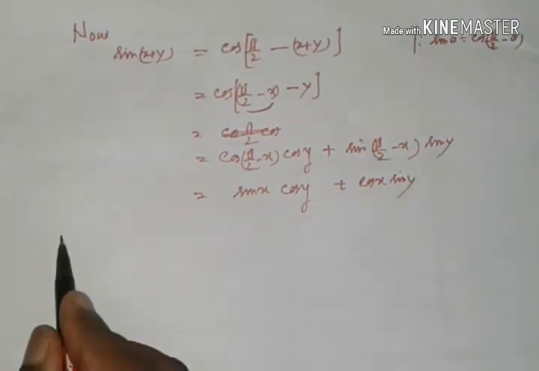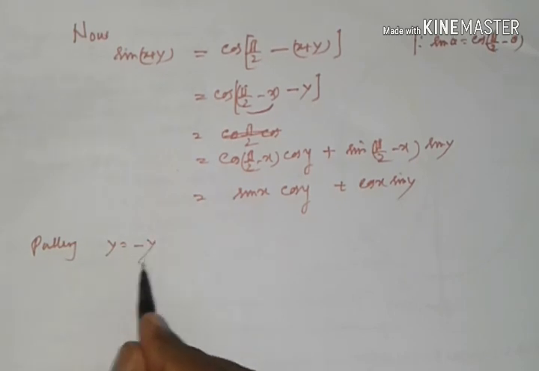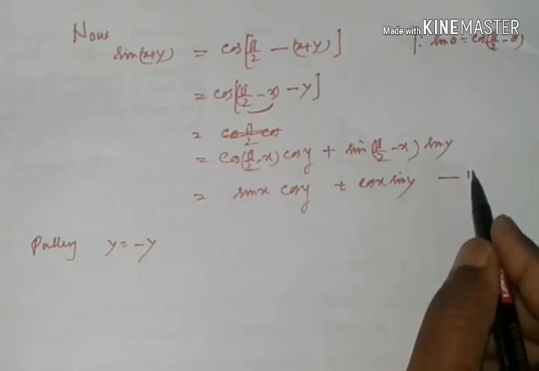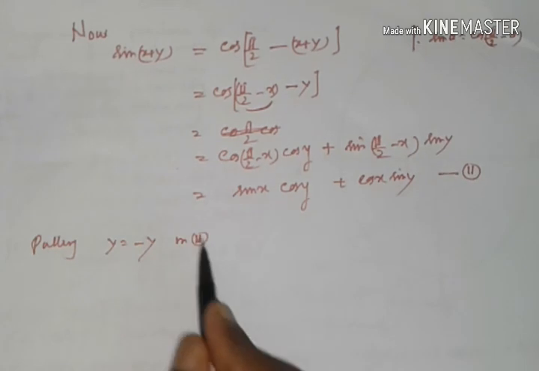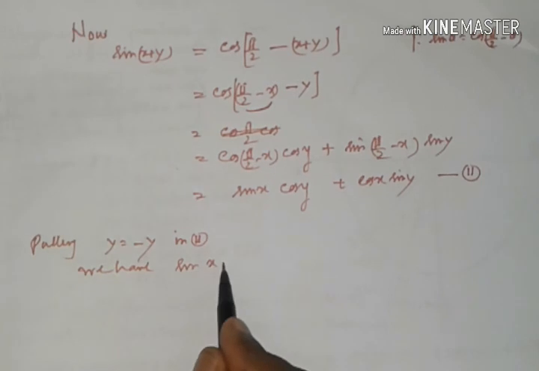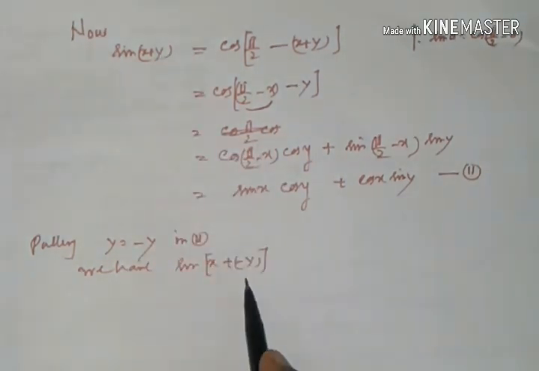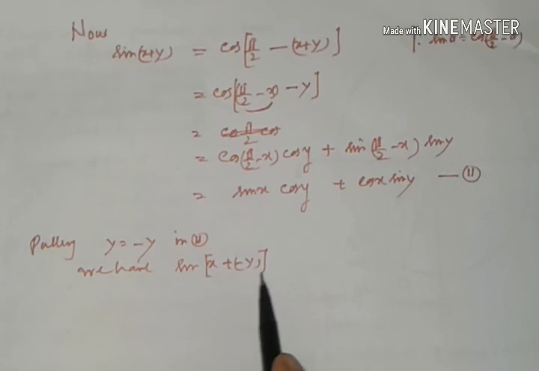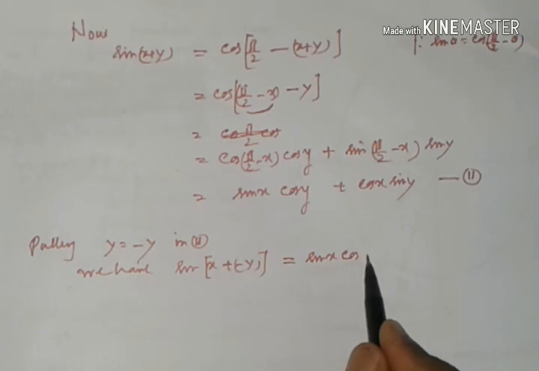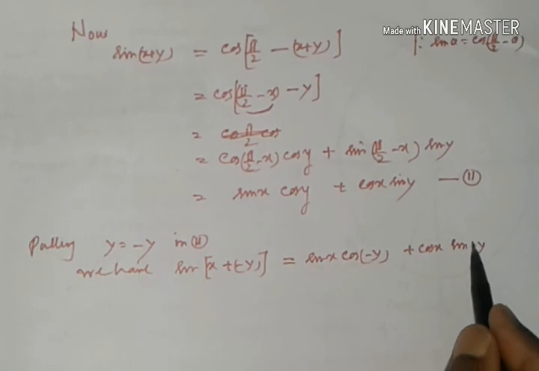Again, putting y is equal to minus y in this, in place of y we put minus y to get the sin x minus y formula. This is sin x cos minus y plus cos x sin minus y.